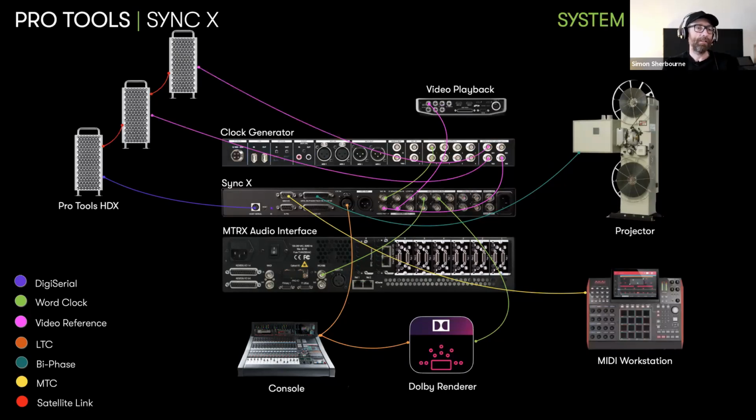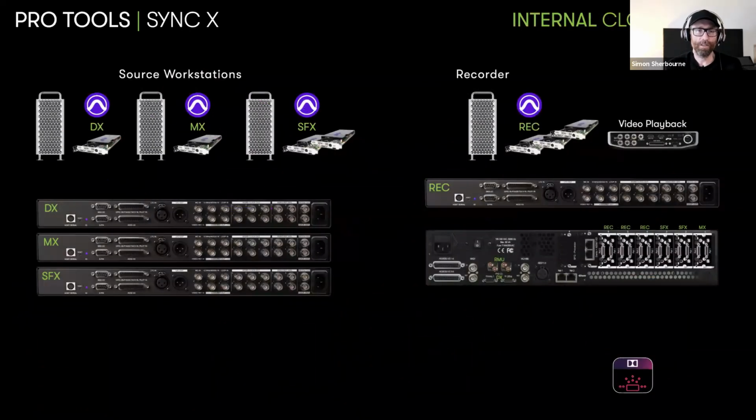And then finally, more commonly now, we're looking at larger systems, especially in big high-end film or drama or doc with multiple Pro Tools systems. In that kind of scenario, you might be running video satellite link to join those systems together, and then using your SyncX's to distribute clock and video frame edge between them, which would look something like this, most likely, with multiple systems.